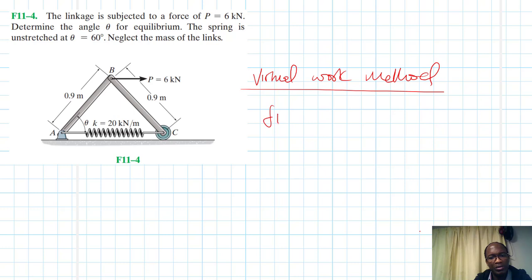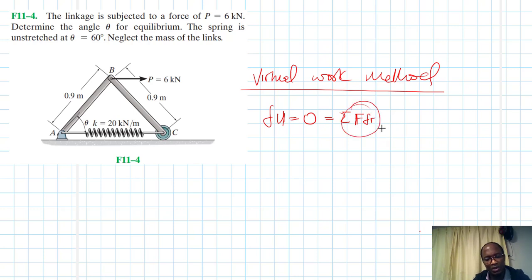So del U is equal to 0, and this is equal to the summation of work being done by the force, both active and reactive forces, times the translational virtual displacement.